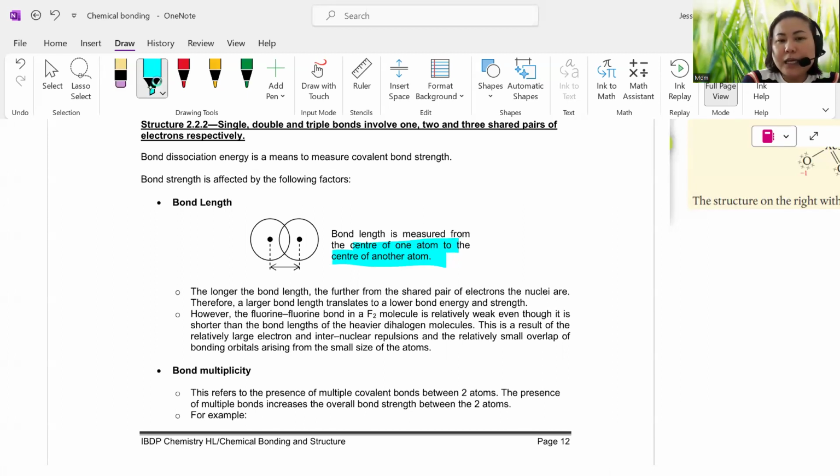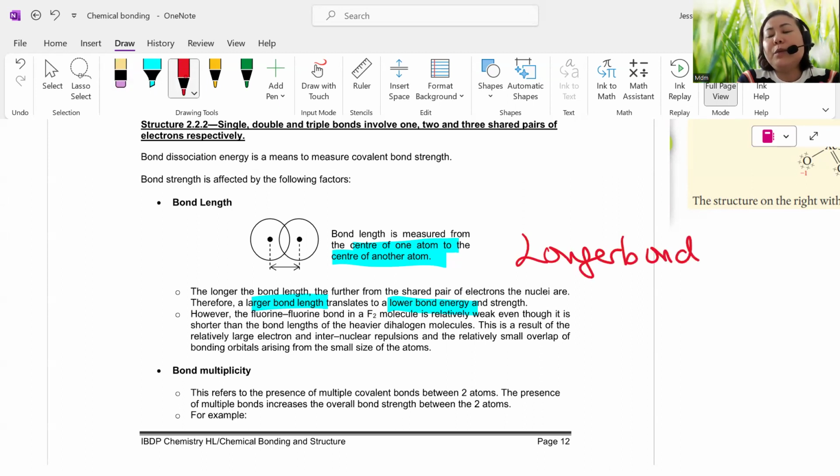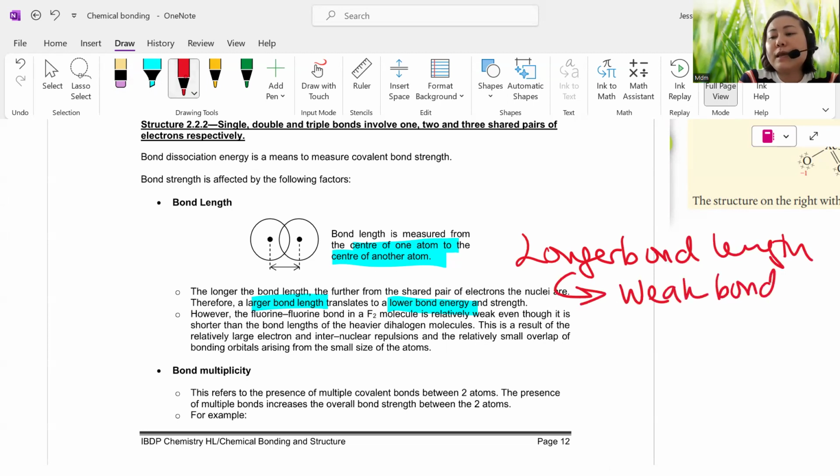So generally, the larger the bond length, it relates to a lower bond energy. Should be longer bond length. So when you have a longer bond length, it relates to a weaker bond and a lower bond energy. That's the general trend.